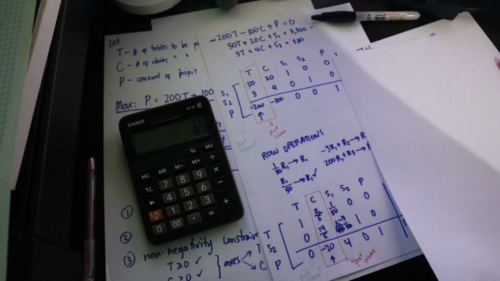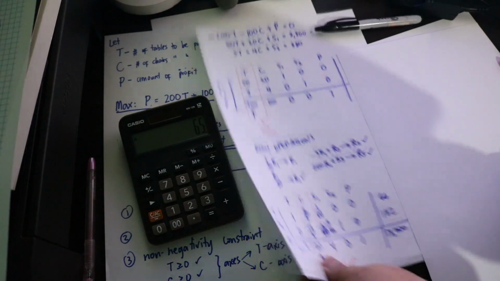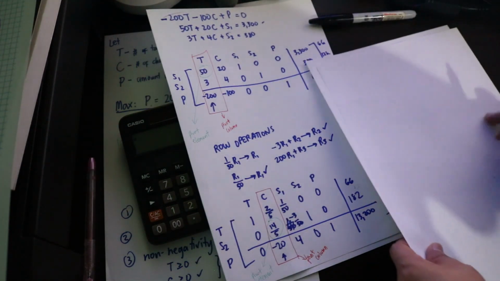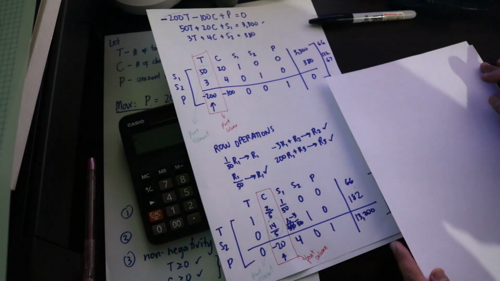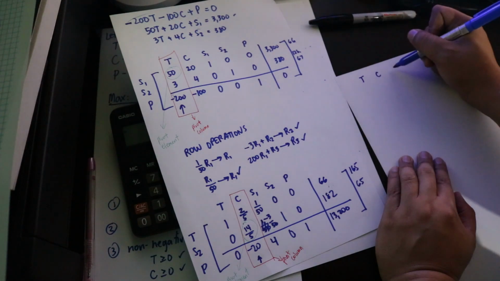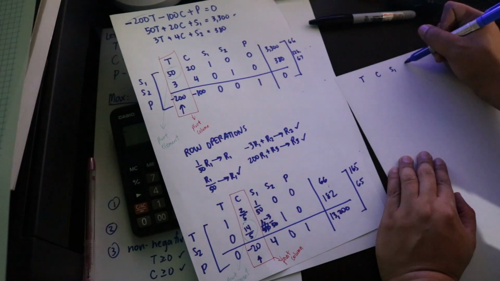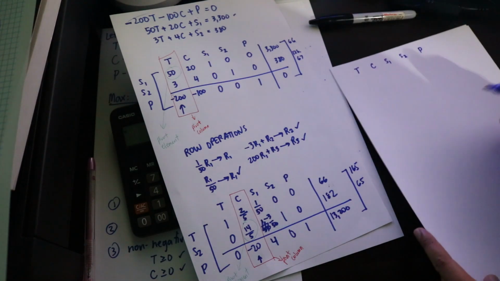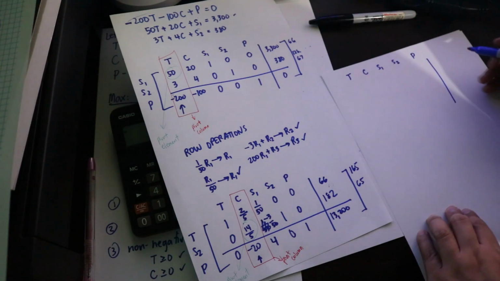Now we are going to draw up another tableau. So T, C, S1, S2, P, our variables.